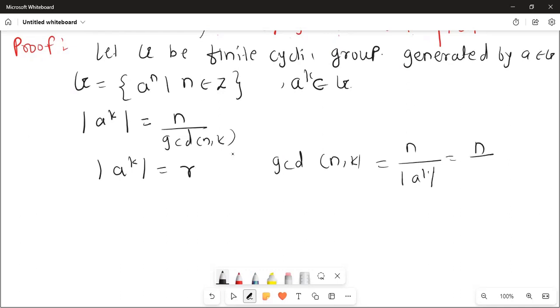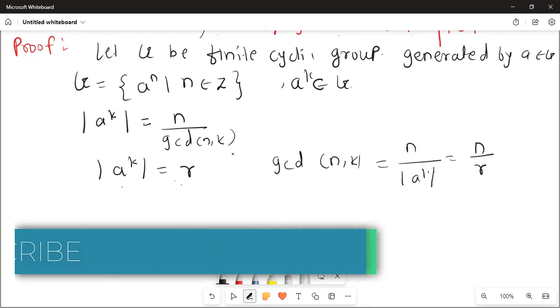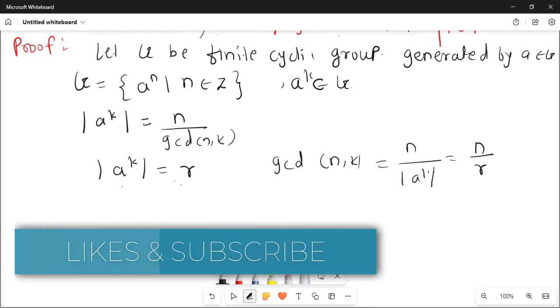That means n divides R आ जाएगी. तो यहाँ पे हमने GCD of n and k, n divides R किया है.